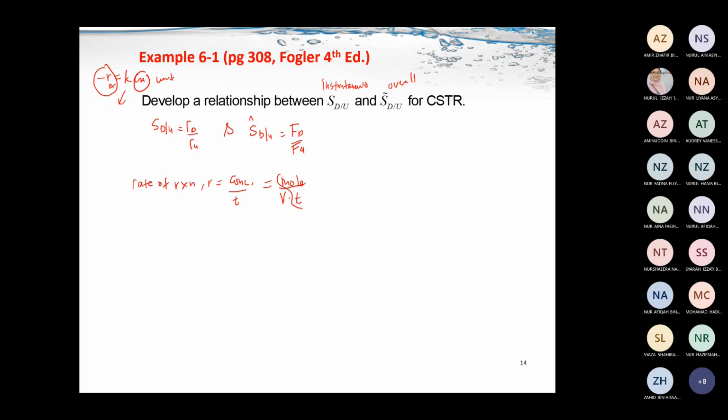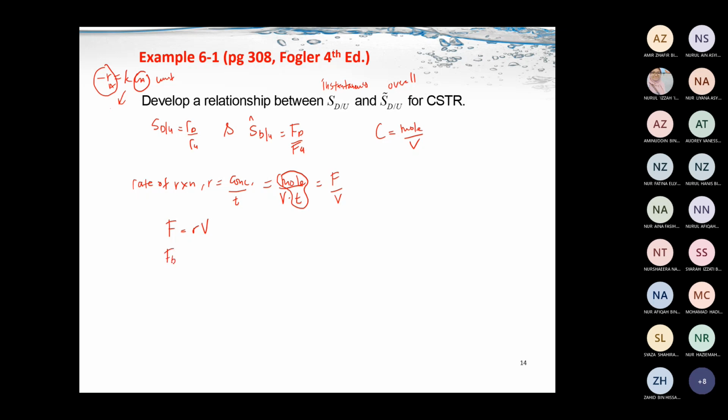So this one is defined as F over V. Remember concentration is moles per V. So from here, F is equal to RV. We have to do it one by one because we have FD and FU.